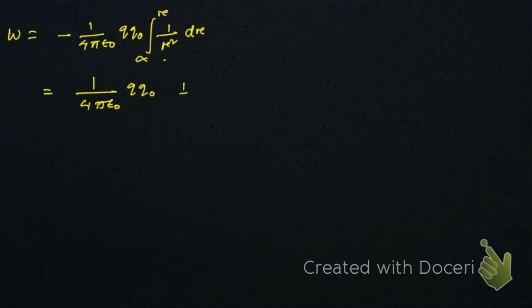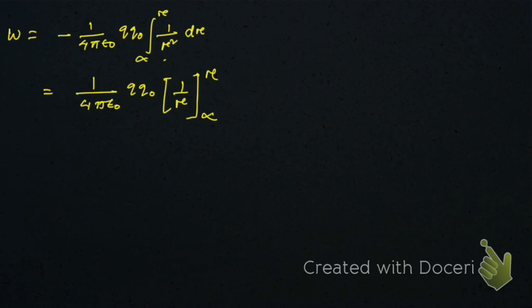Integrating this, we have got minus 1 by r, and because of this minus it becomes positive, so here it will be 1 by r. Integration of 1 by r square is minus 1 by r, right? So from infinity to r, that's what we will get, right?